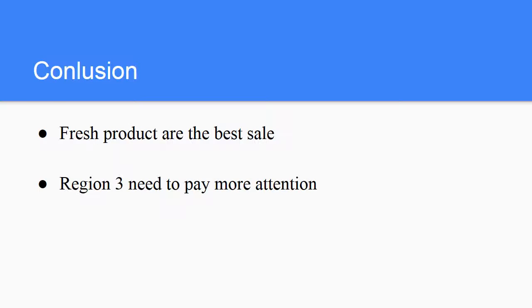Because most of the sales data is from region 3, maybe the company needs to do more advertising for region 3, and the most income is from region 3. So those are maybe the conclusions.